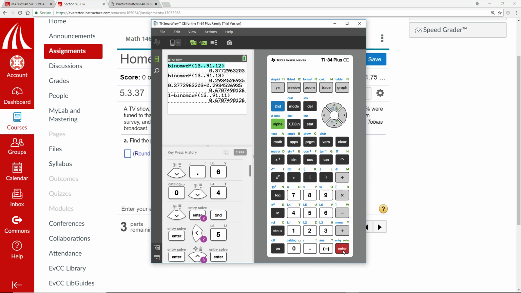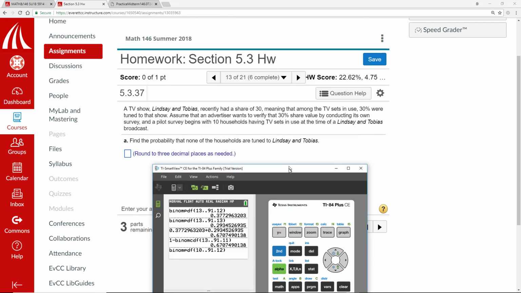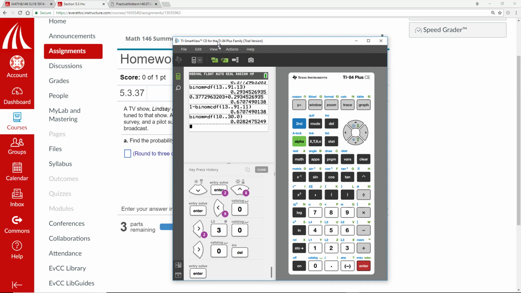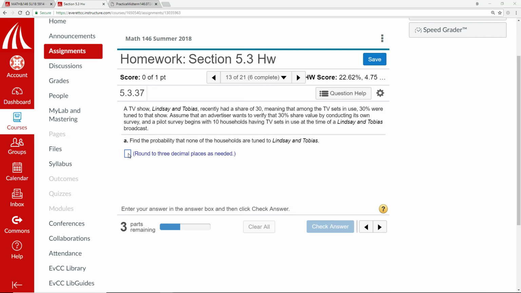I'm just going to go to the main screen and put in 10, and the share is 30%, and it's 0. We're getting 3 decimal places, 0.028.